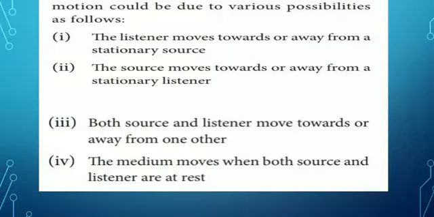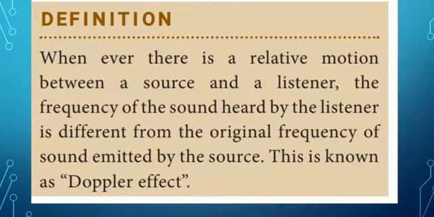Now come to the definition. Please underline it. Whenever there is a relative motion between a source and a listener, the frequency of sound heard by the listener is different from the original frequency of sound emitted by the source. This is known as the Doppler effect.